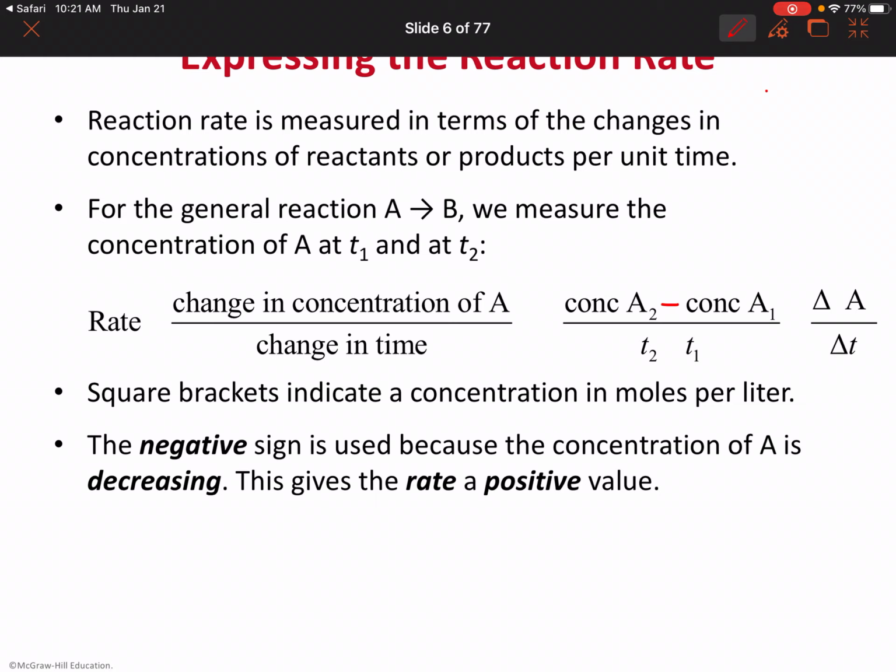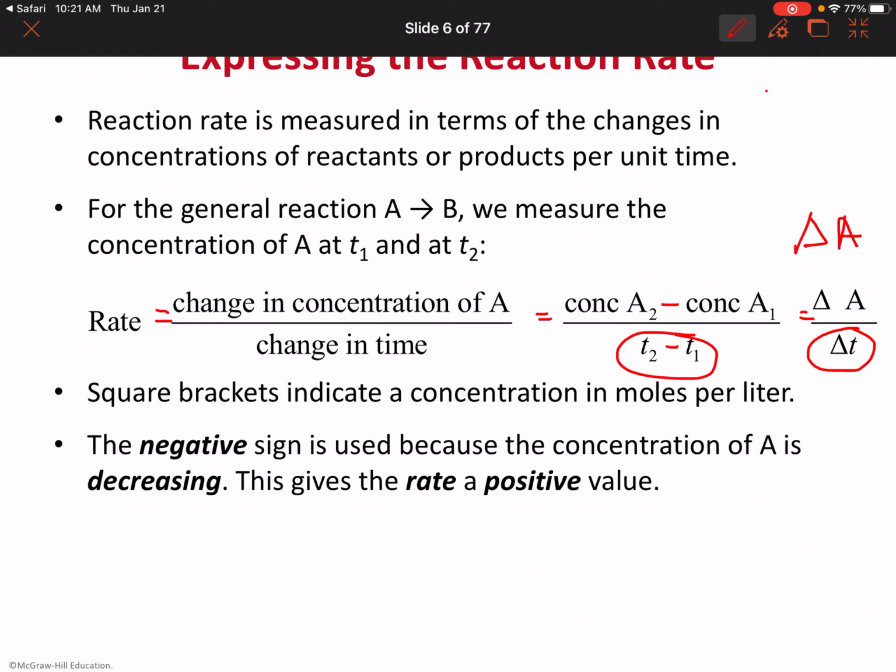Okay, so A2 minus A1 over T2 minus T1. So this is equal to concentration A2 minus concentration A1. So that's the change. So we give that as delta A. So the difference is given as delta A. And T2 minus T1 is the difference in time, delta T. So rate is basically delta A over delta T.